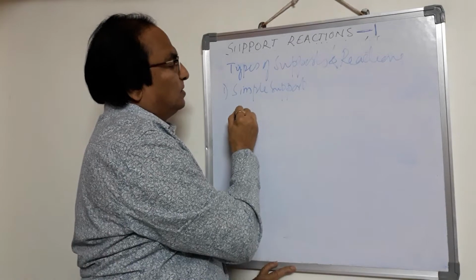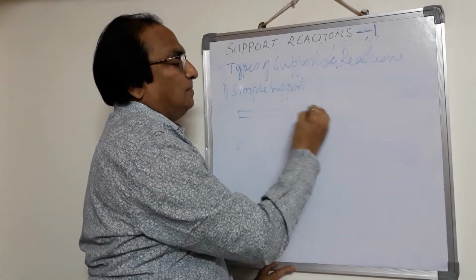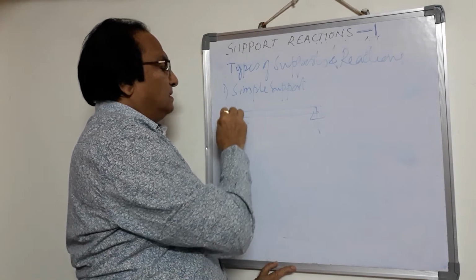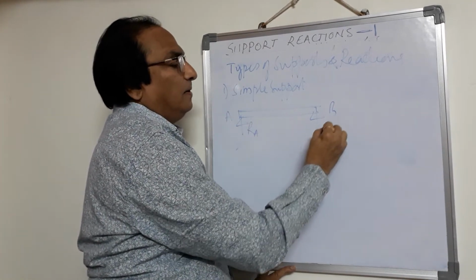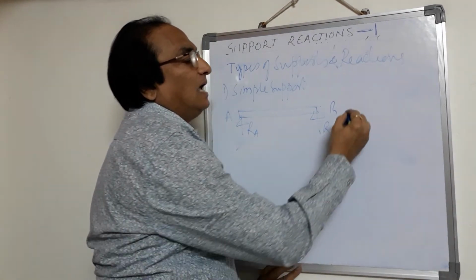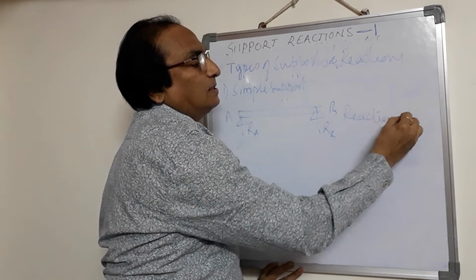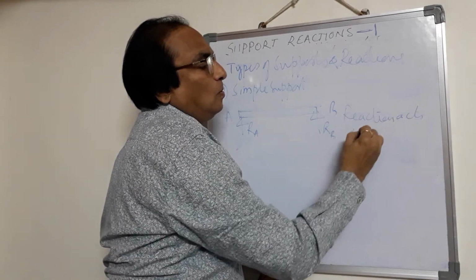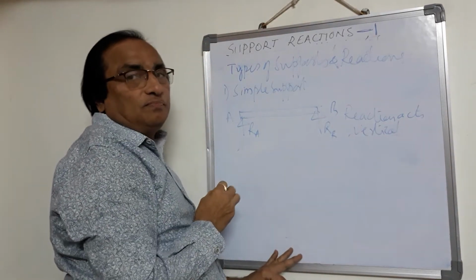Suppose I take a beam, it is just supported simply at the ends. This is A, B, RA, RB. These are the reactions. In case of a simply supported beam, the reaction always acts vertical.